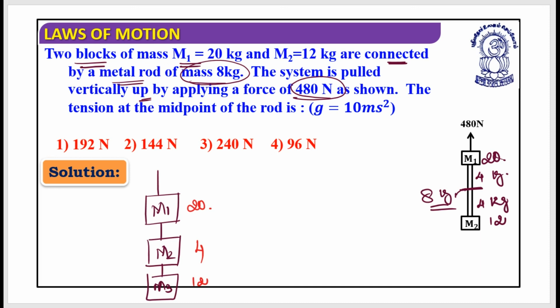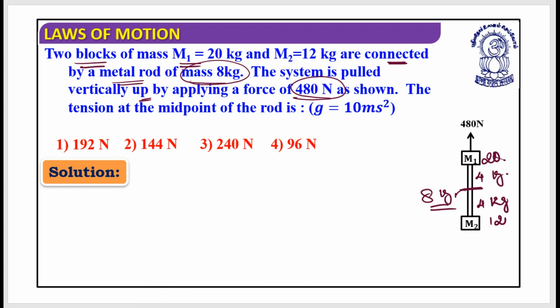Is this clear? Or shall I redraw this? What I was about to do is this: this is the first block, this is the second, third, and fourth. This is m1, which is 20 kg.